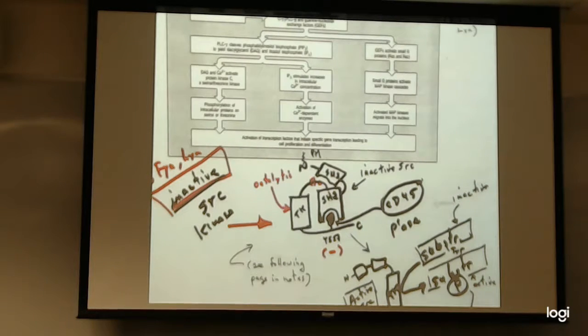So SH2 domains prefer certain phosphotyrosines on certain proteins because in those proteins we have the preferred amino acids adjacent to it. Well, this is non-optimal. We do not have the preferred amino acid context in this thing here. So this doesn't taste particularly good.